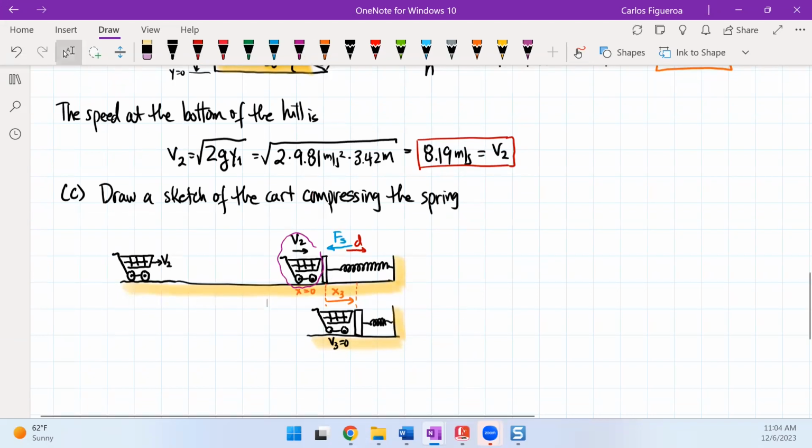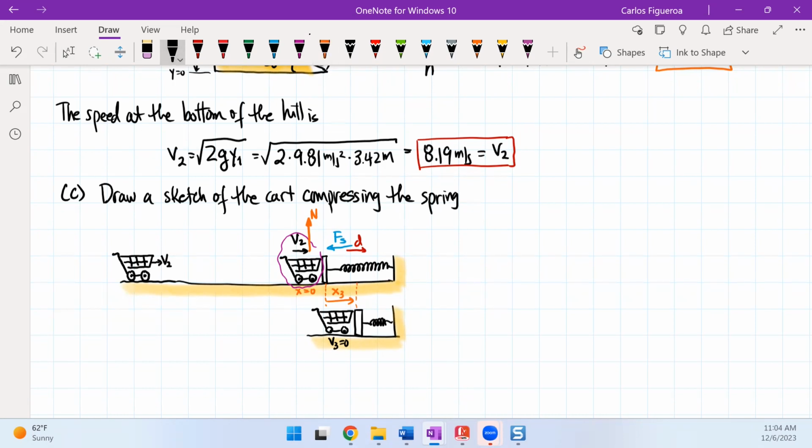So now I play the same game as we did before. So there is a normal force, but we know that the work of the normal force is going to be 0 because it's perpendicular to the displacement. So then I start my process here.